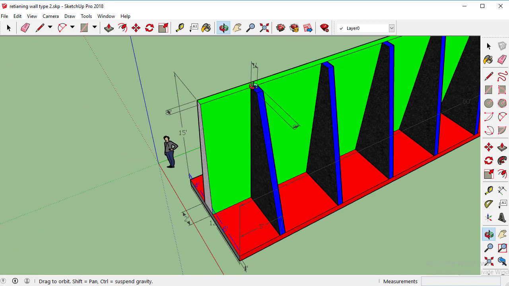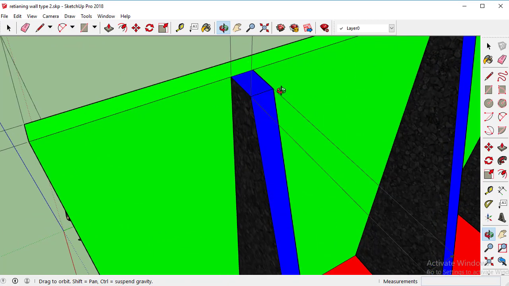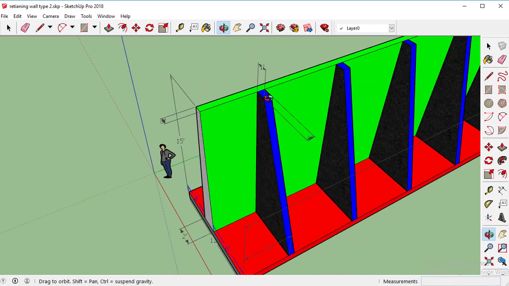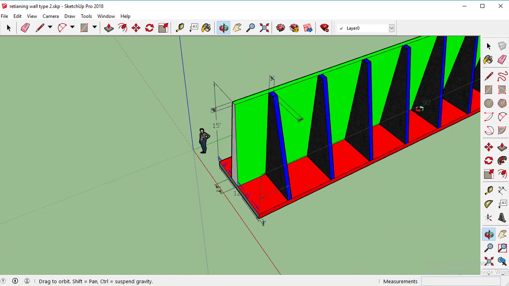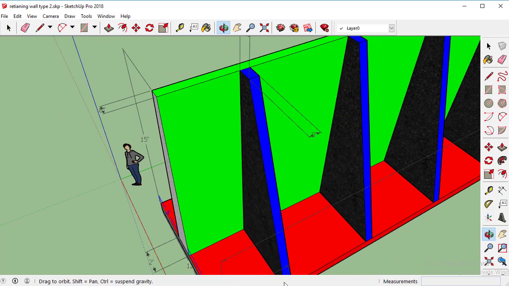Now here the length of this counterfort buttress is 8 inches, because if you look closely, this counterfort buttress extends only up to 8 inches. So do not take 60 feet here. You have to take 8 inches, which is equal to 0.6 feet.